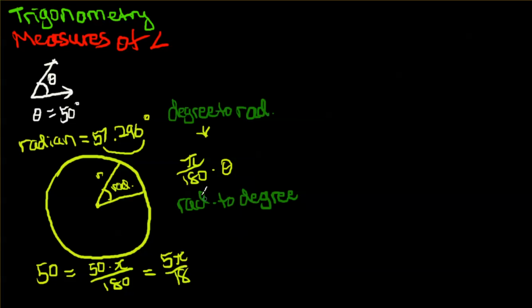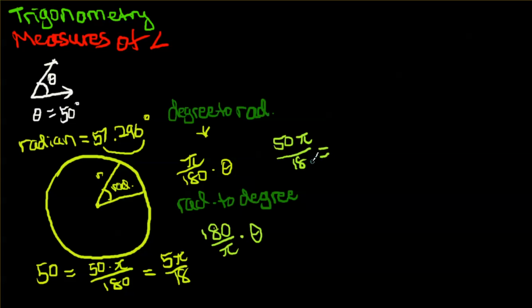So we're going to have 180 over pi, and as you see here, that is equal to 1 radian, and you multiply it by theta in radians, and that will get you to the degrees. So for example, in this case, we have 50 pi over 180.